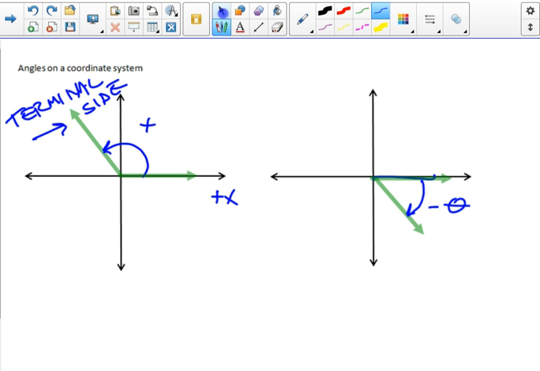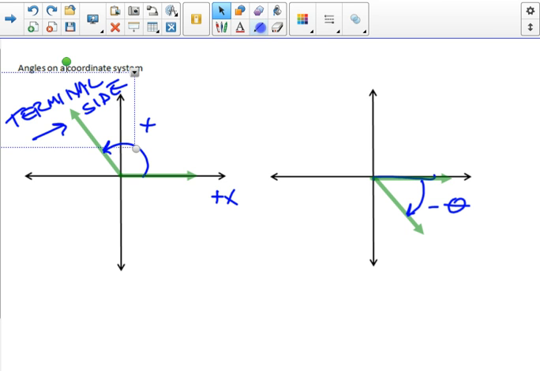Now, notice you could have angles that are, in this method, more than 360 degrees. A 360 degree angle would simply be starting here and going all the way around back to there. If I wanted 450 degrees, that would be all the way around, 360, and then another 90 degrees.